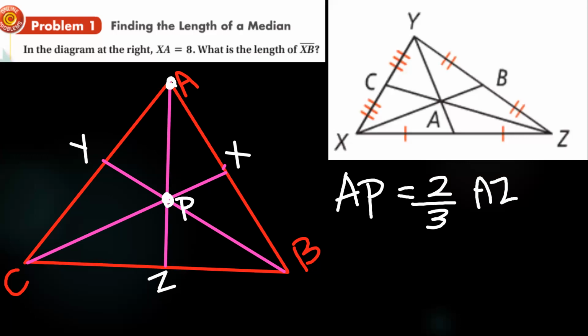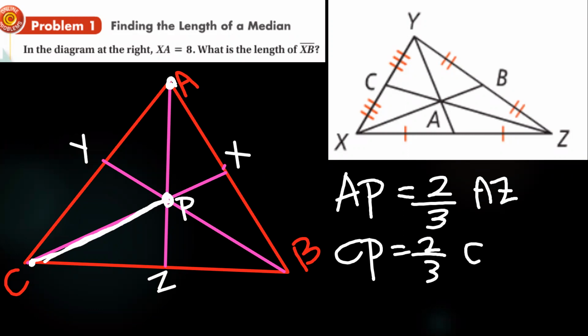This is AZ. I need now to name it from a vertex ending with the center, or with the centroid. So CP is 2/3 the length of which side? CX.